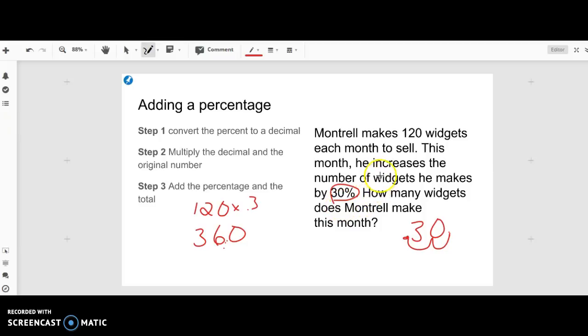So when he increases the number of widgets by 30%, he increases 36 over the original 120 he has. So how many widgets does Montrell make this month? He makes 120 plus 36, which is 156 widgets.